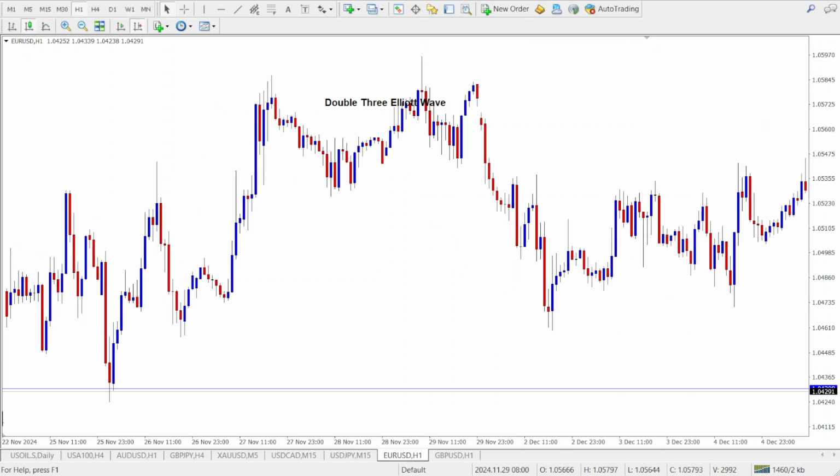I think we can use this as an example. The first correction in this Double Three Elliott Wave is the first pattern, labeled W.